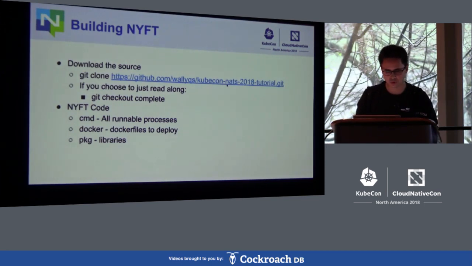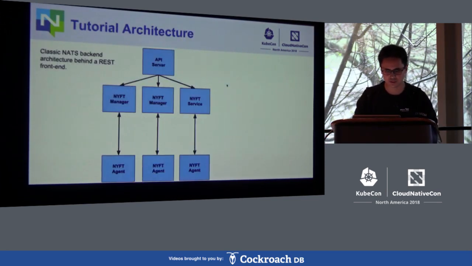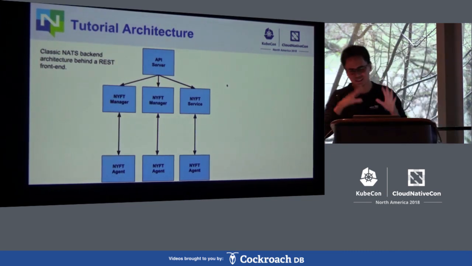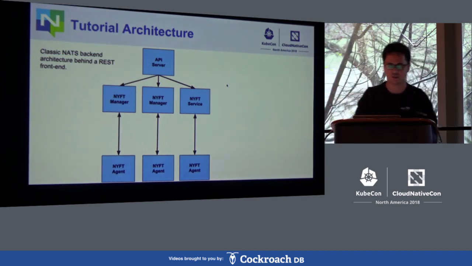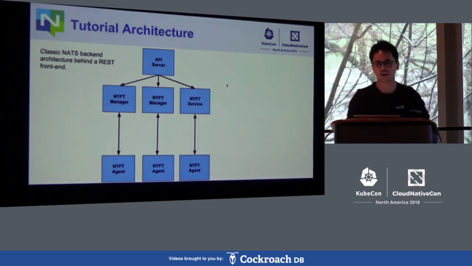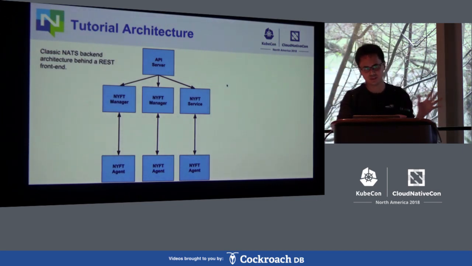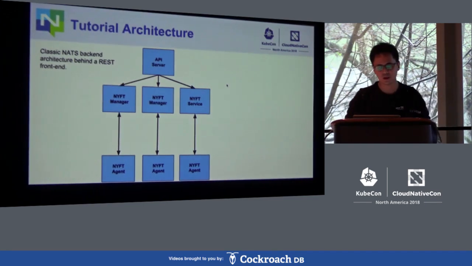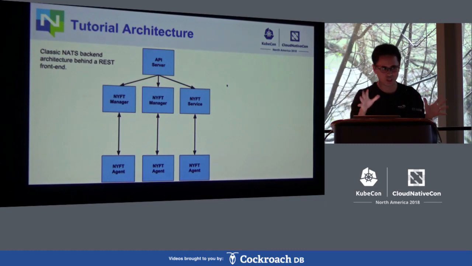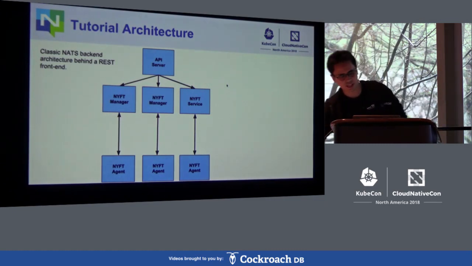Okay, so on a high level, this is the architecture of the service. This is the classic NATS microservices architecture, where you have an API server that speaks HTTP. The clients will be connecting to this HTTP front end. But behind the scenes, all the internal communication is happening over NATS.